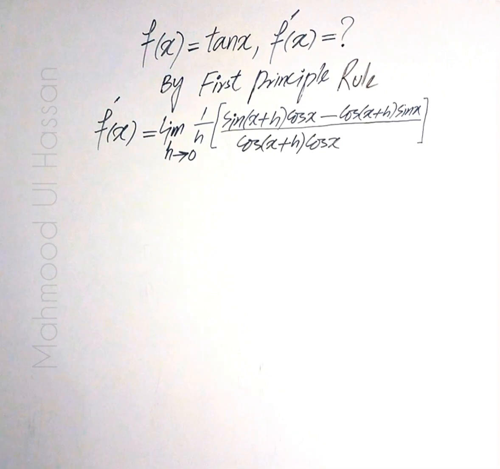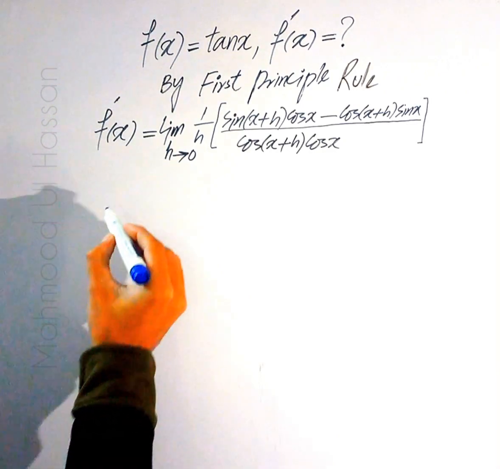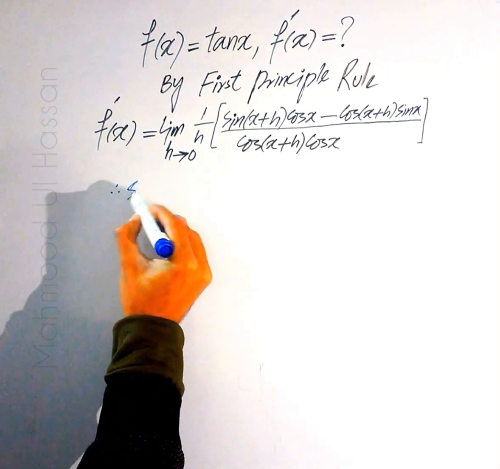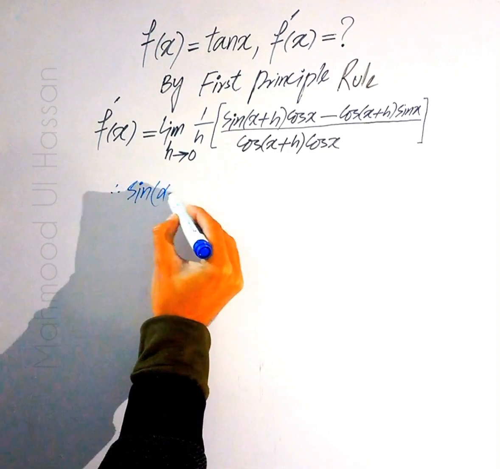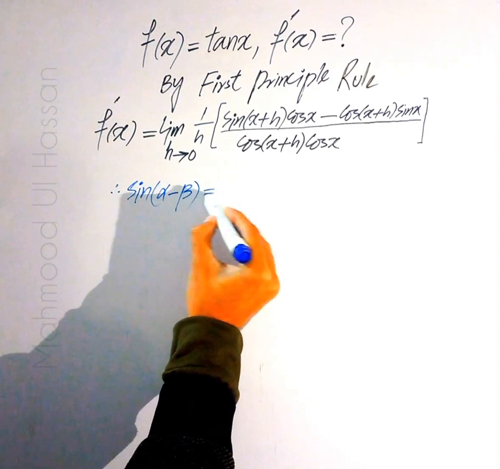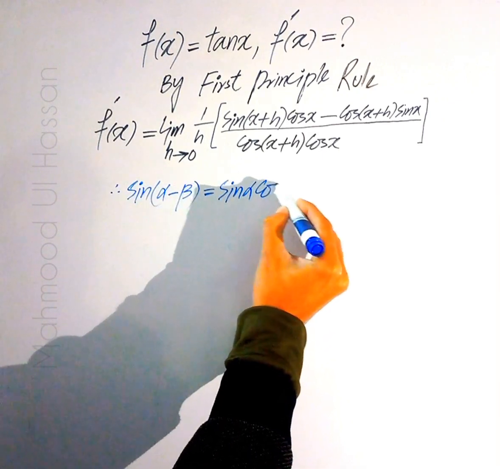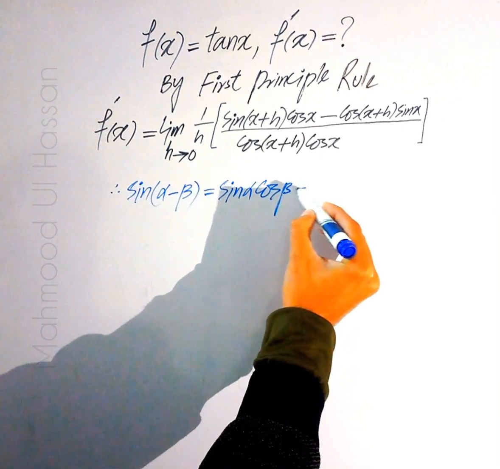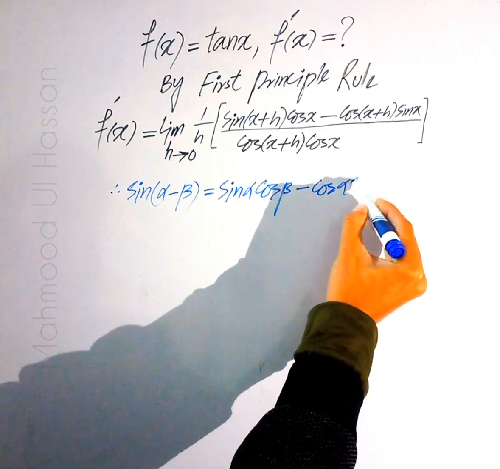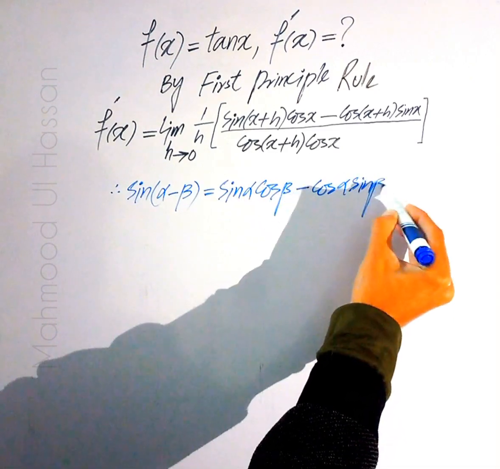Here we will use the fundamental law of trigonometry, and that is sine of alpha minus beta, which is equal to sine alpha cos beta minus cos alpha sine beta.